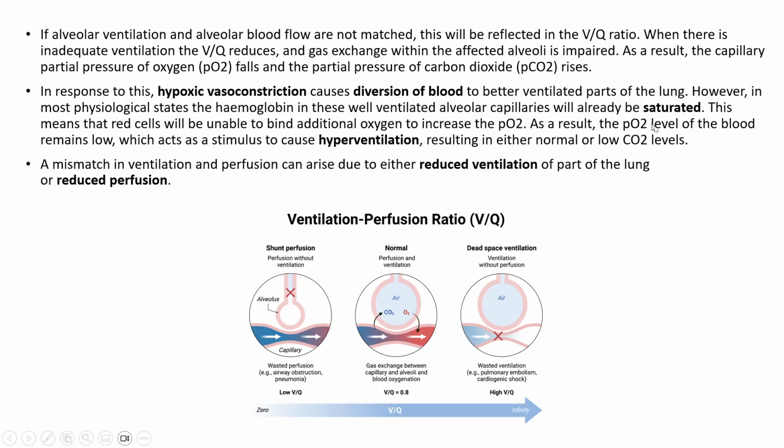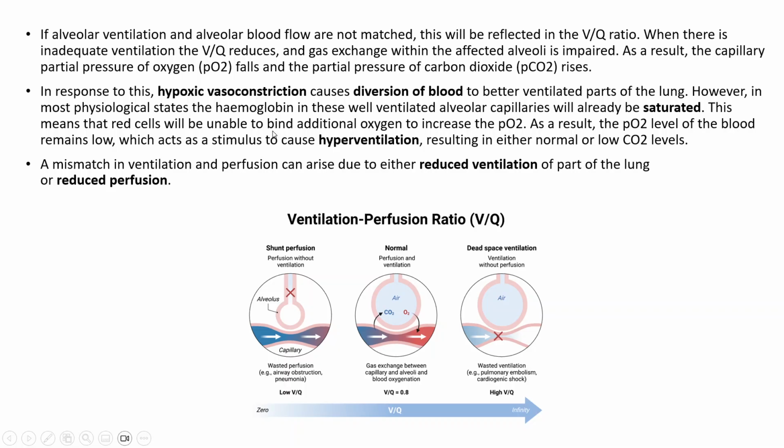So after a point, there'll be saturation and the PO2 will continue to remain low, even though there might be some initial relief because of movement of blood to other regions of the lung. And that would act as a stimulus to cause hyperventilation, resulting in either normal levels, or if it doesn't work out at all, then there needs to be some kind of medical intervention.